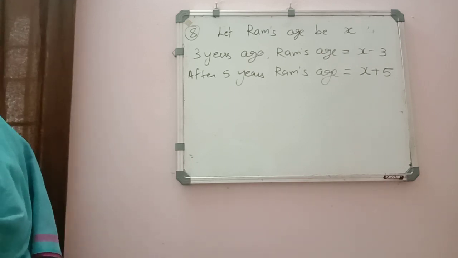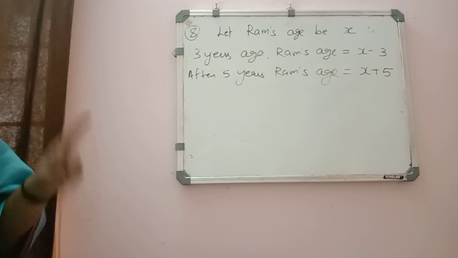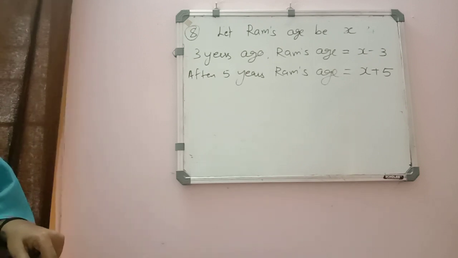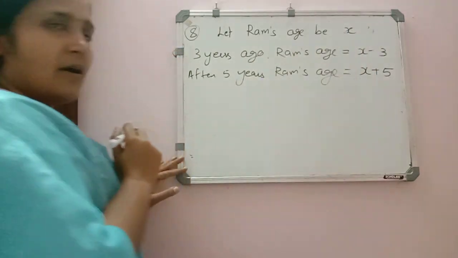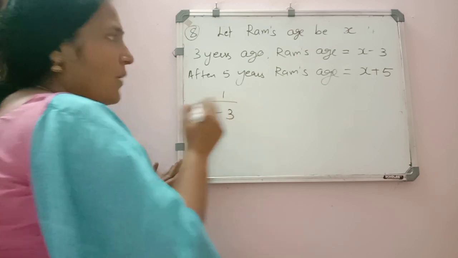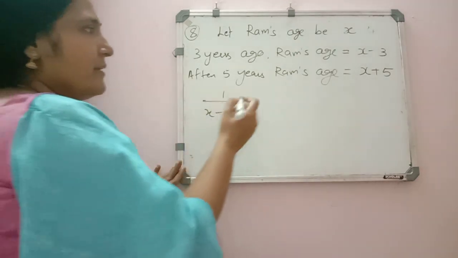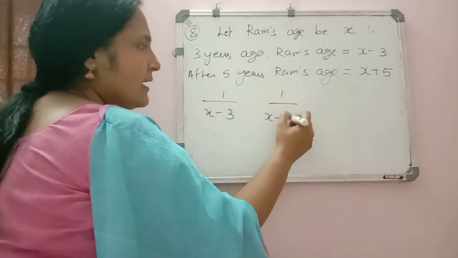It was written, the sum of the reciprocals of Ram's age 3 years ago and 5 years from now is 3 by 5. 3 years ago, Ram's age is x minus 3, so its reciprocal will be 1 by x minus 3. And reciprocal of 5 years hence will be 1 by x plus 5.